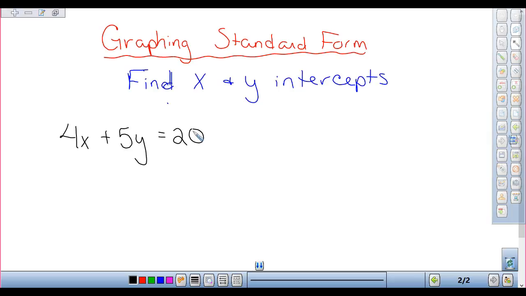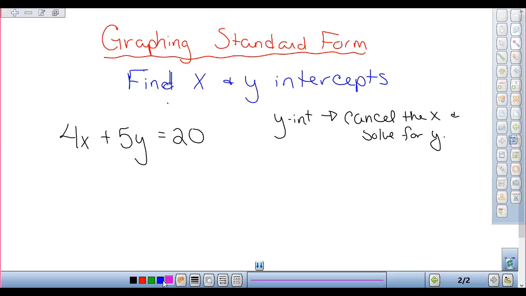To find my x-intercept, well, actually, let's find our y first. To find our y-intercept, we're going to cancel the x and solve for y. Okay? And what I mean by canceling the x, we can just get rid of that 4x.